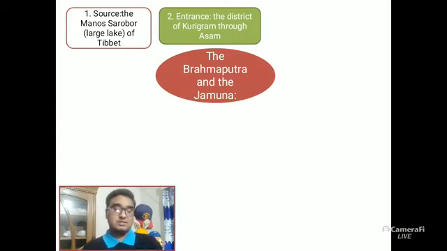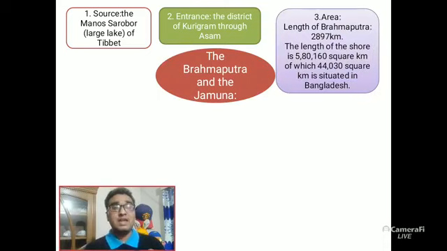So this is very easy to understand. Number three, area, and it's a bit difficult to memorize the area of the river Brahmaputra or Jamuna.